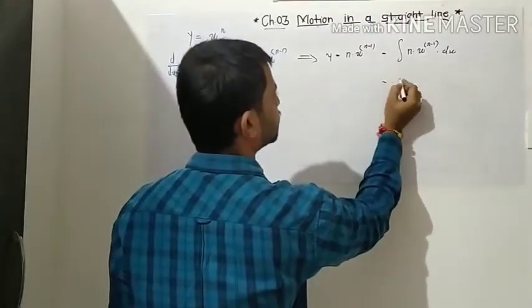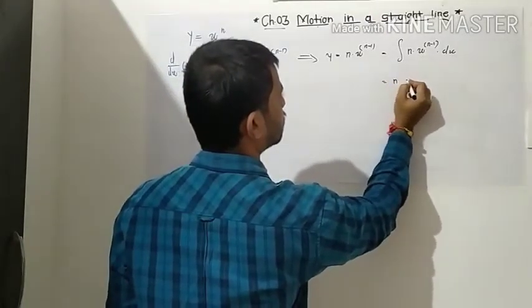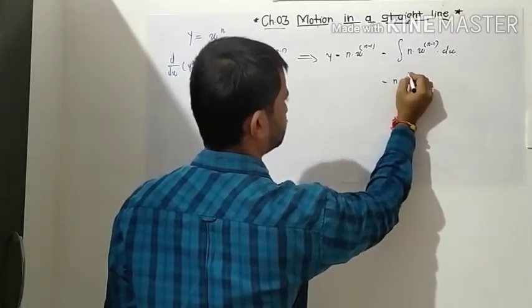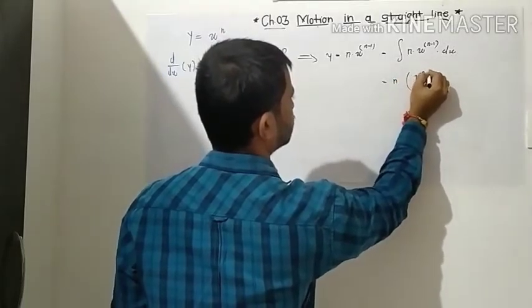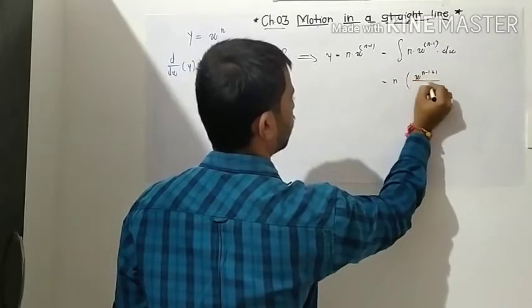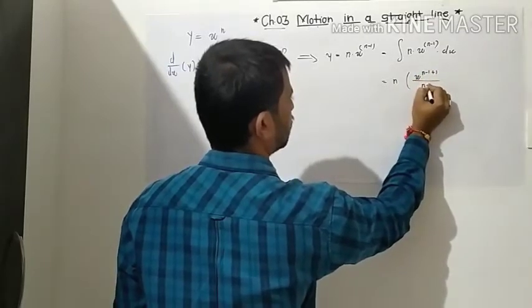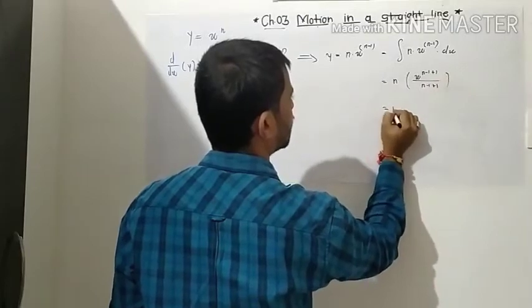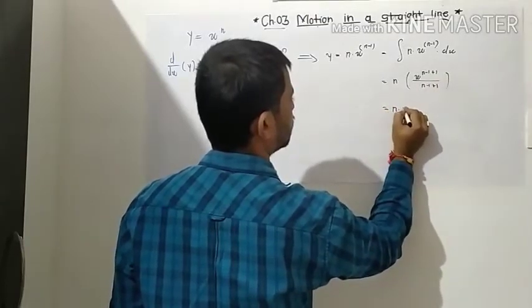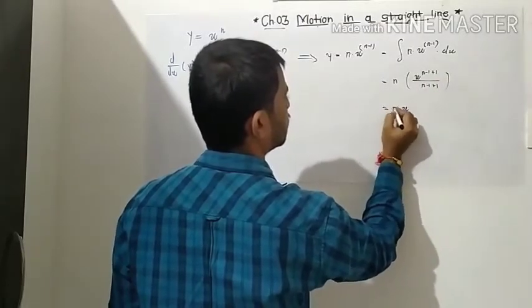Then its integration will be n into bracket x raised to n minus 1 plus 1 upon n minus 1 plus 1. Okay, and it will become n into x.